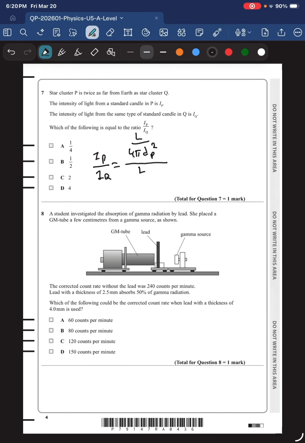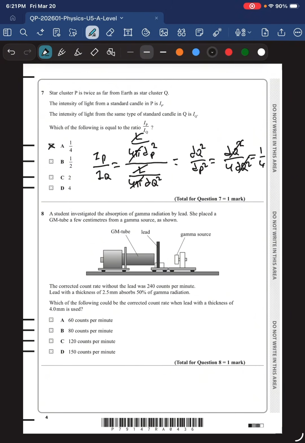And then for Q, we will have the same luminosity since these are standard candles, over 4 pi dq squared. So 4 pi cancels, L cancels. So this is equal to dq squared over dp squared. But dp is twice dq, so dq squared over 4 dq squared. So 1/4. So the answer is A, because we are given that star P is twice as far from Earth as star cluster Q.